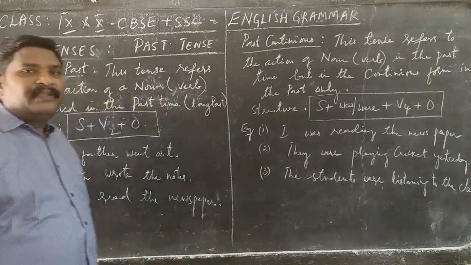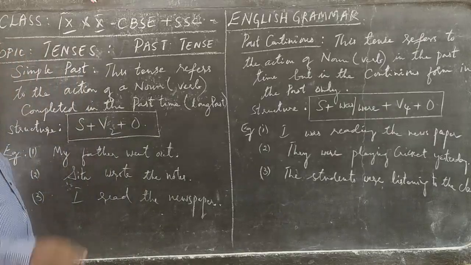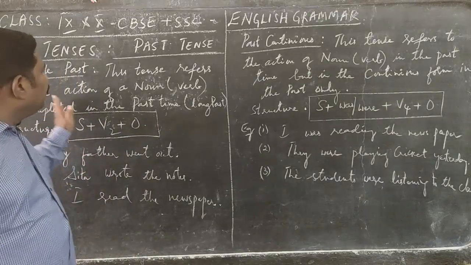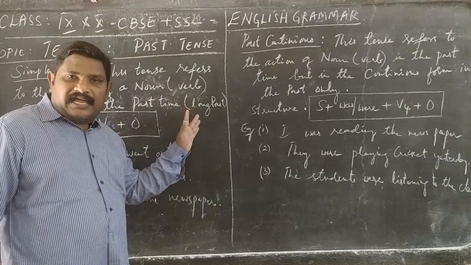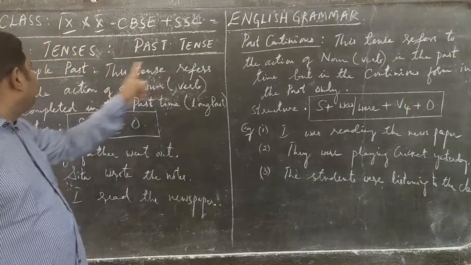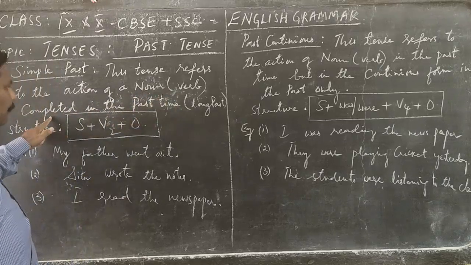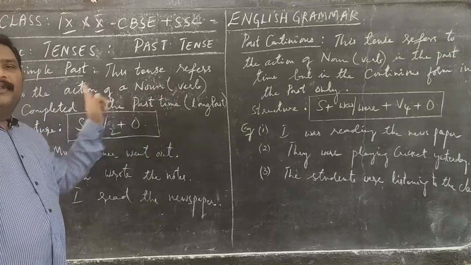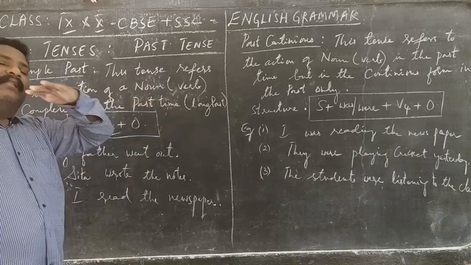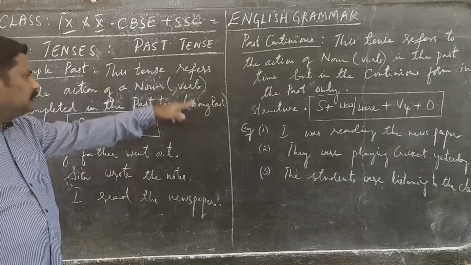It is not referring to anything in the present time. It refers completely to the past time. That's why this tense refers to the action of a noun, that is verb, completed in the past time. The action has ended in the past time, that is long past.